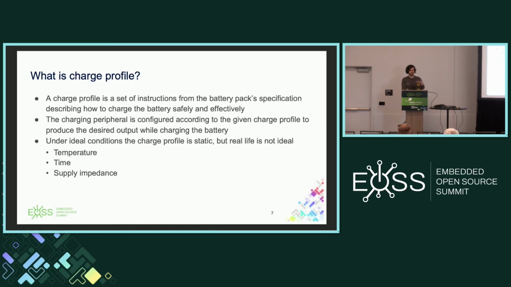So the battery pack itself will have a data sheet describing how to charge the battery safely and effectively across a variety of conditions, and spell out the limits and the preferred characteristics of a charging cycle. So the charging peripheral is configured according to the given charge profile from the data sheet to produce the desired output while charging the battery.